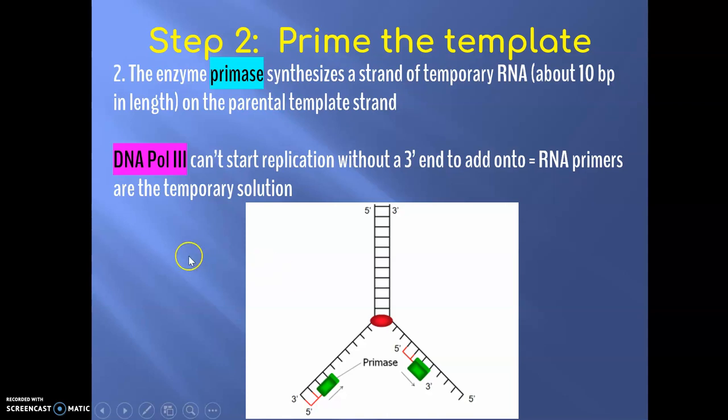Since we split the DNA strands in two, we still need to create that opposite, anti-parallel strand. So the RNA comes in and acts as that solution temporarily, so that the 3' end can be added onto.